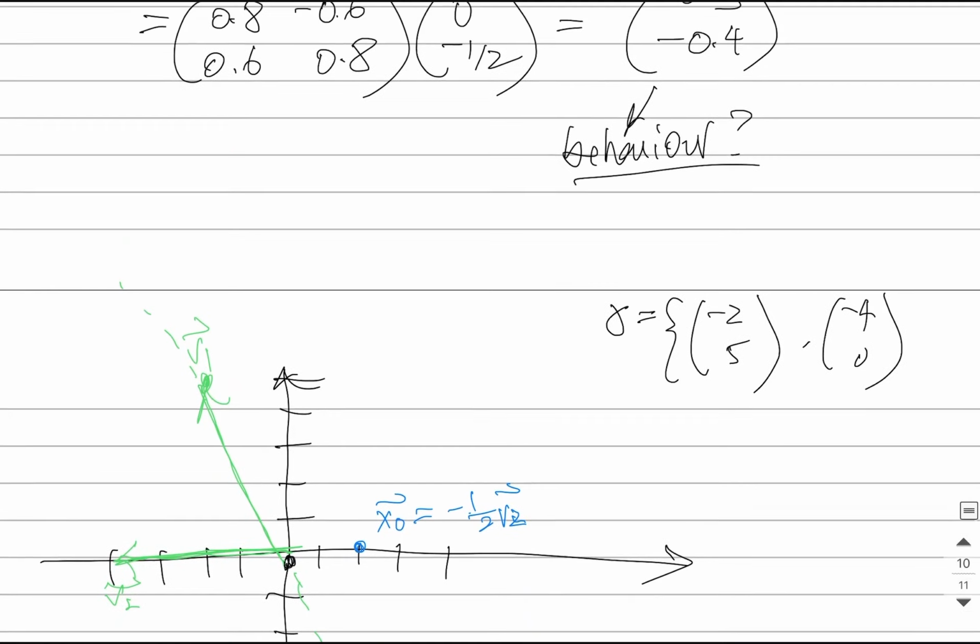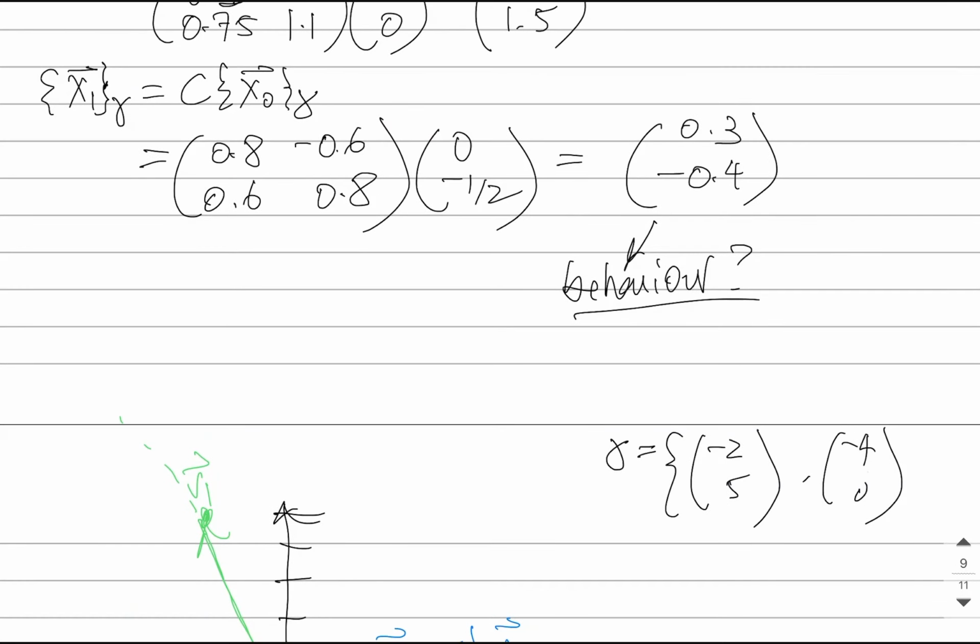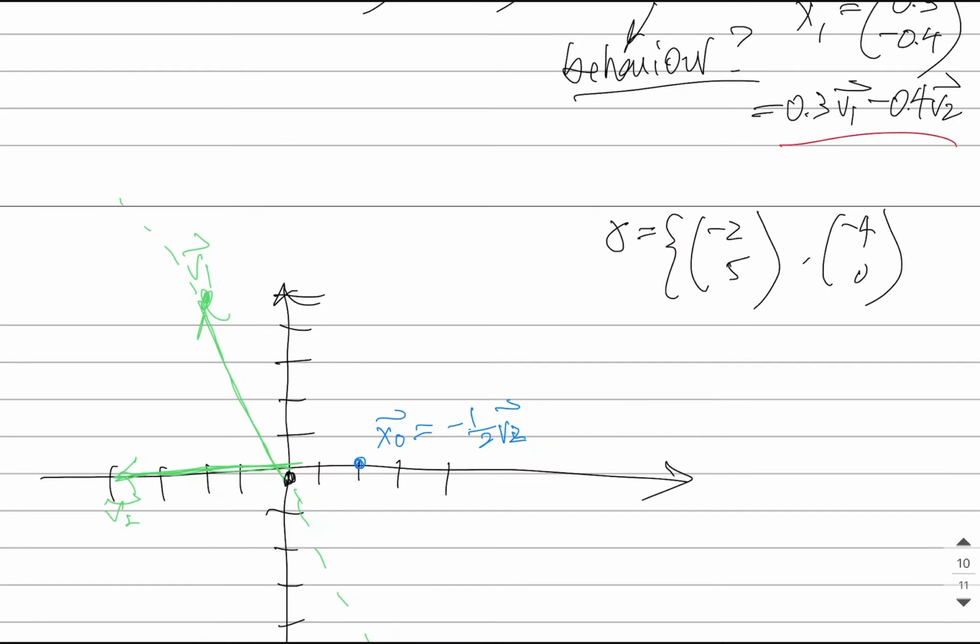Now, the result that I found right here, that x1 is 0.3, negative 0.4. So it's 0.3 bunches of V1 minus 0.4 bunches of V2. I don't know, a third of the way, so somewhere around there. And then it's got about negative 0.4 V2. So I'm pulling it in a little bit. So it's somewhere around there. If I were to do the parallelogram rule with this right here, I would find that that's my result.